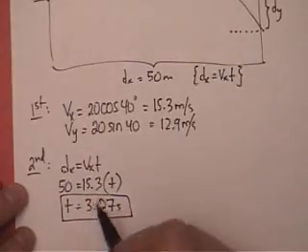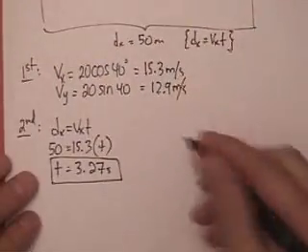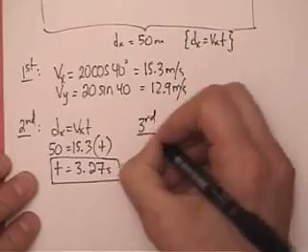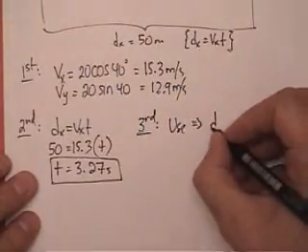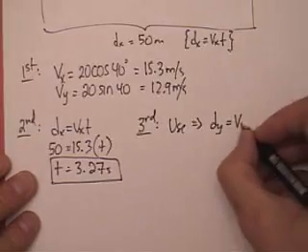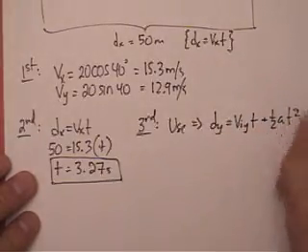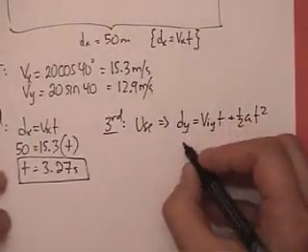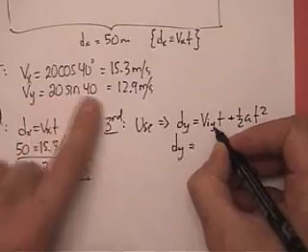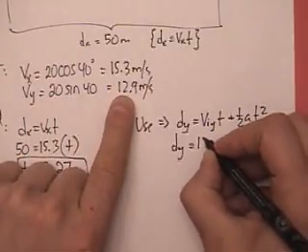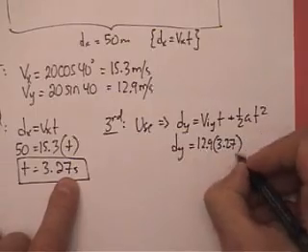Awesome. I take this time, I'm going to plug it into my dy formula, and it's going to tell me right off. I'm going to use dy equals viy t plus 1/2 a t squared. dy is what I'm looking for. viy, I just found it, 12.9. I know time, 3.27.